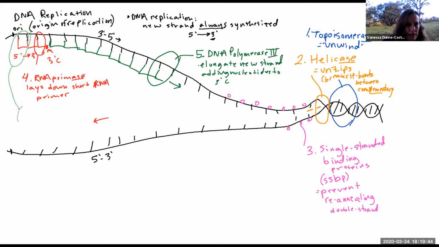This would be step number 6. At the very end of replication, we have DNA polymerase number 1, and its job is to replace that RNA with DNA.